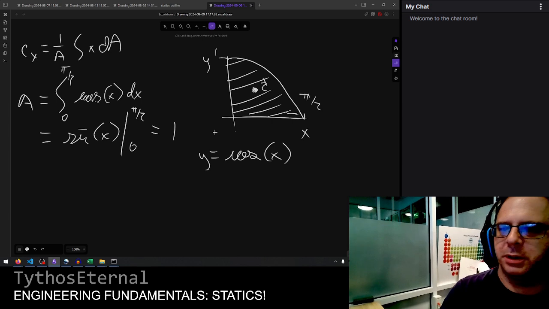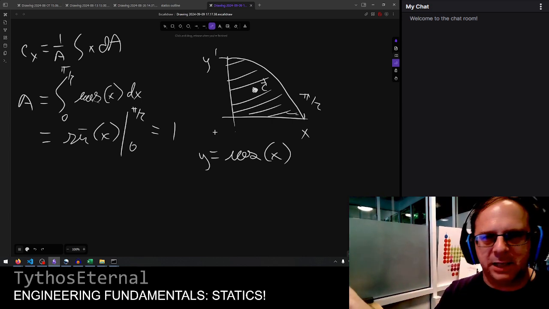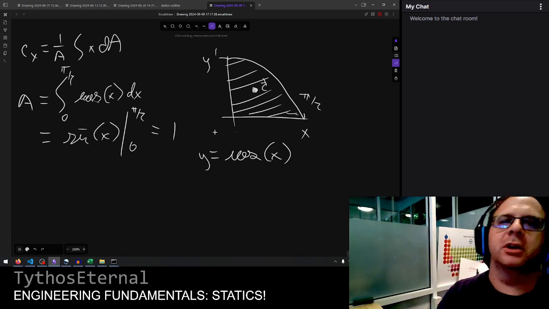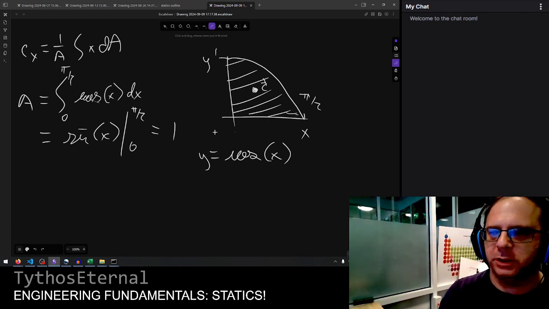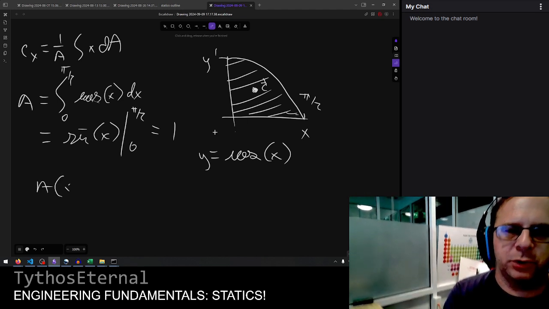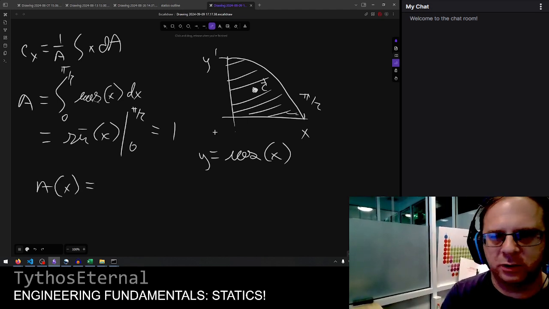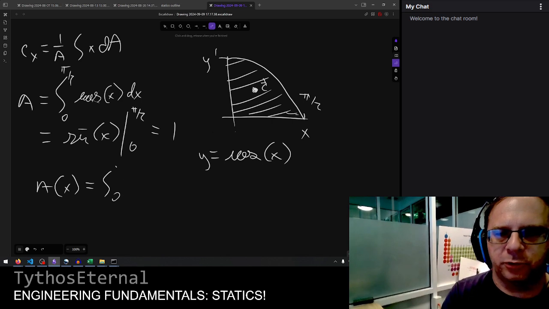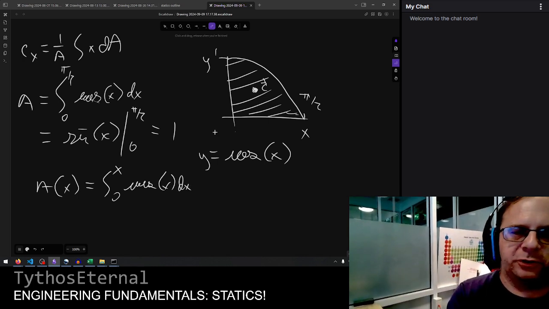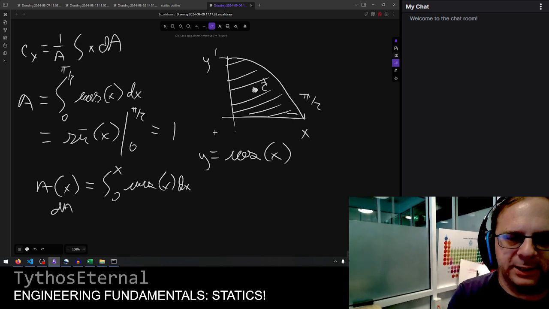The area is 1. But we still need dA, right? Because we want to integrate with respect to an axis, x in this case. So how do we transform the inside of the integral? Well, since we're engineers, we're going to say if you computed A as a function of x, you'd integrate from 0 to x that function cosine of x dx, which means if you differentiate both of these sides with respect to x, what you get on the left is dA/dx.